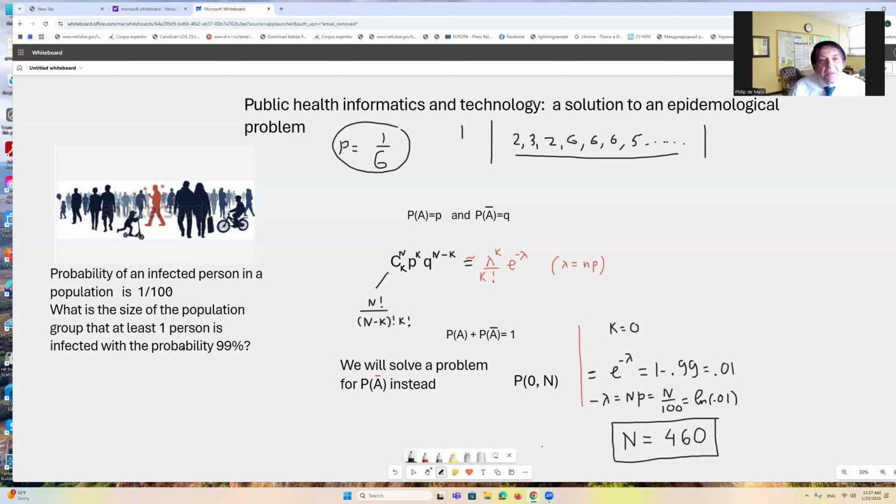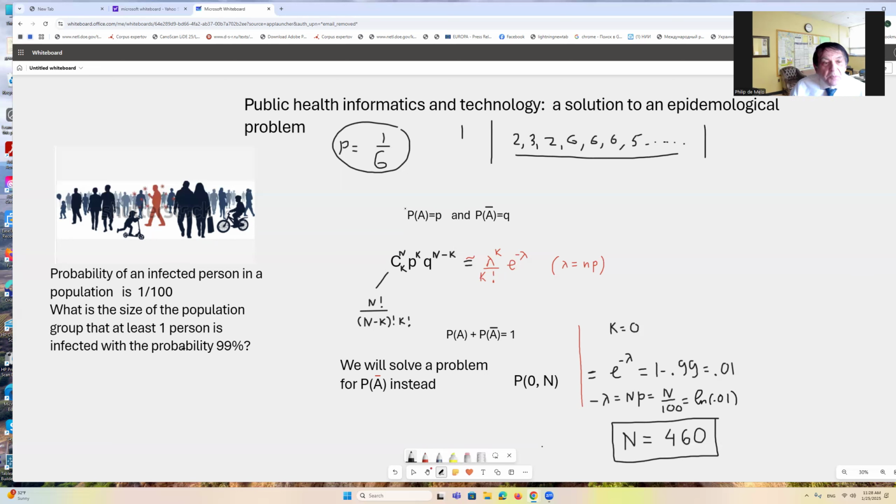So this problem can be formulated in a very simple way, and this is quite a known solution. So if, for instance, we take P of A, it is at least 1, you will see infected people in the group that you have chosen.